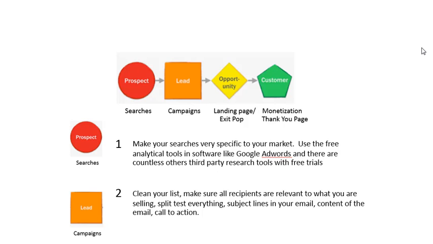The problem there is that the content of the email is not a call to action. It's not motivating him to find out more information. And of course, if they're not opening the email at all, you need to test your subject lines to figure out what's going on.